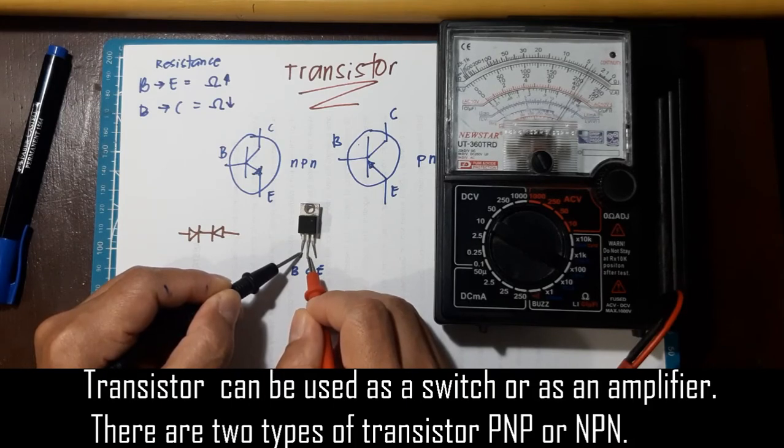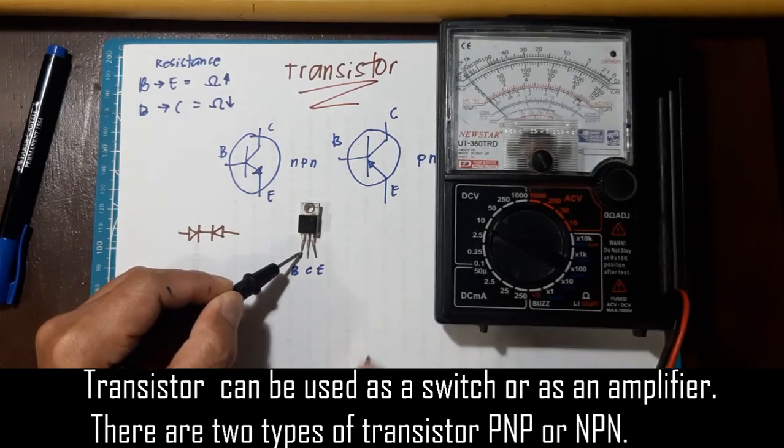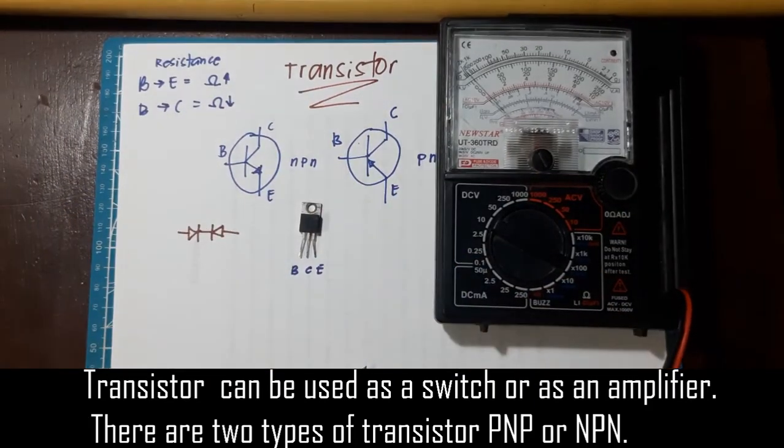That gives me 450 ohms base to collector.